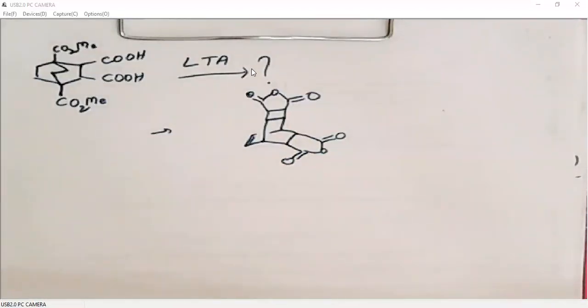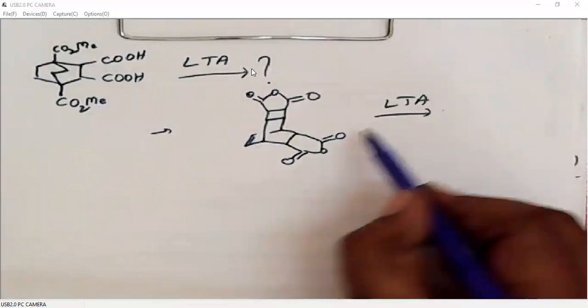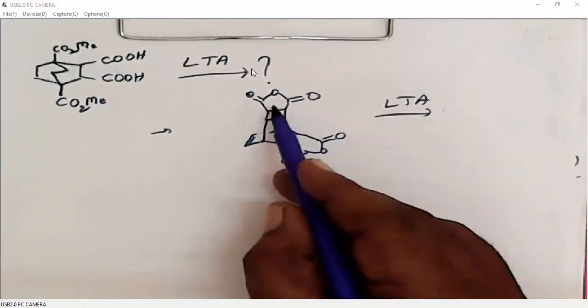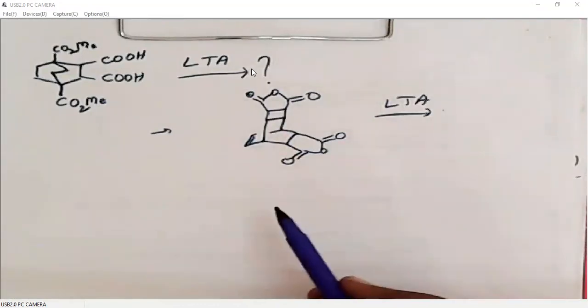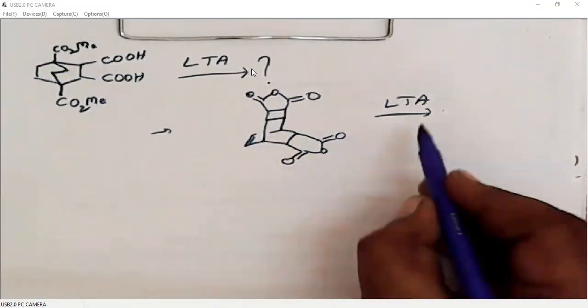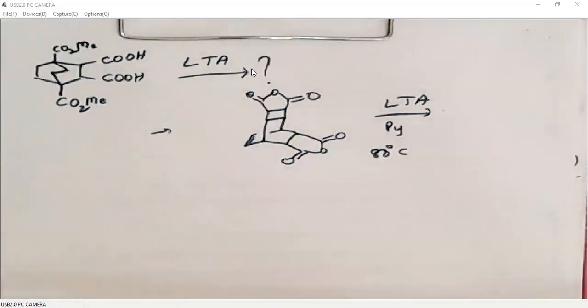Not only double decarboxylation in the case of 1,2-dicarboxylic acids, LTA can also be used for double decarboxylation in the case of an anhydride. This is an anhydride, right? Cyclic anhydride, LTA, pyridine, 80 degrees centigrade.